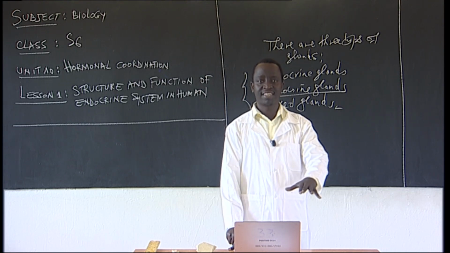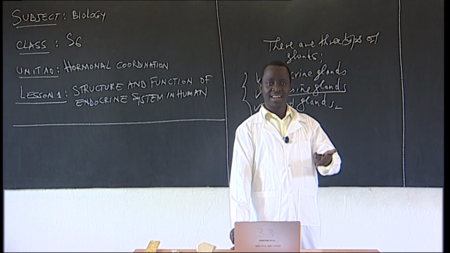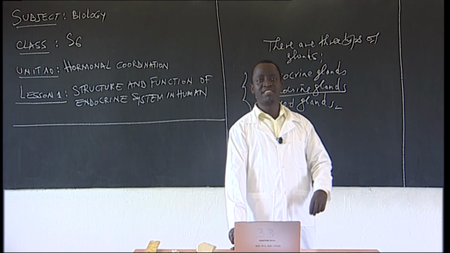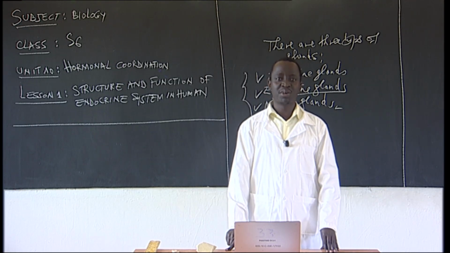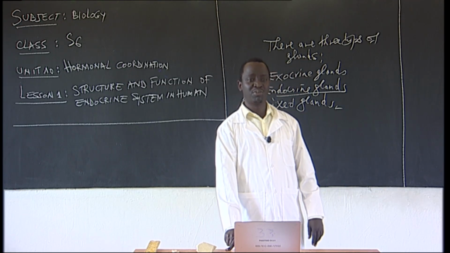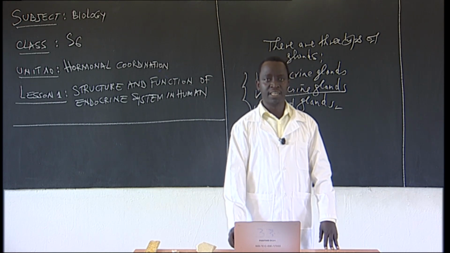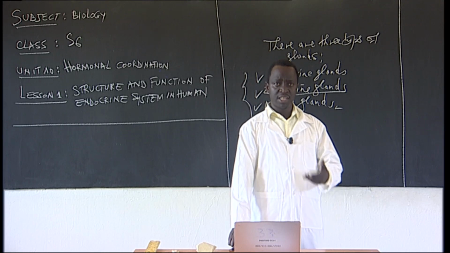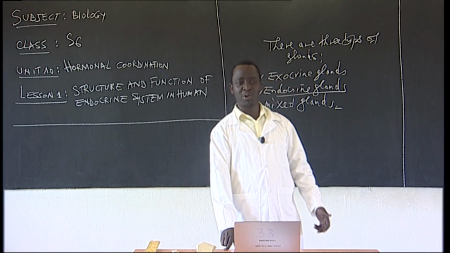To decrease the level of sugar in our body. If the level of sugar has decreased, then it also has to return to the normal condition. So we need what? We need glucagon to also increase the glucose level in our body. So that's why hormones also control this homeostasis.